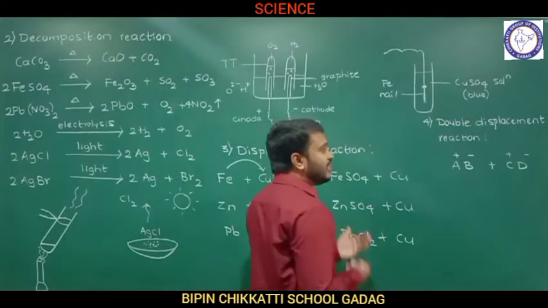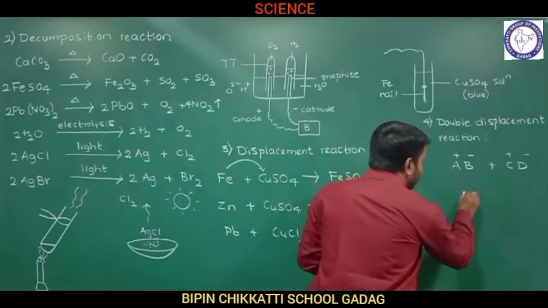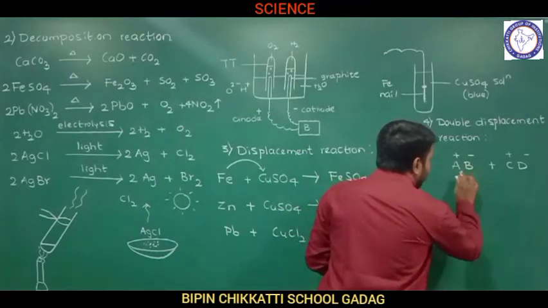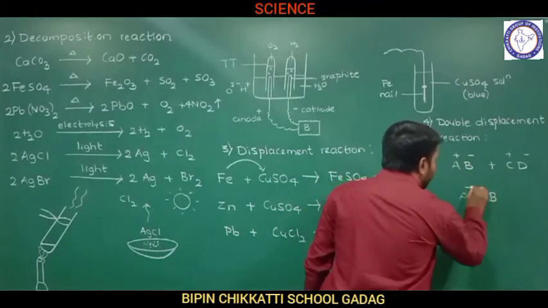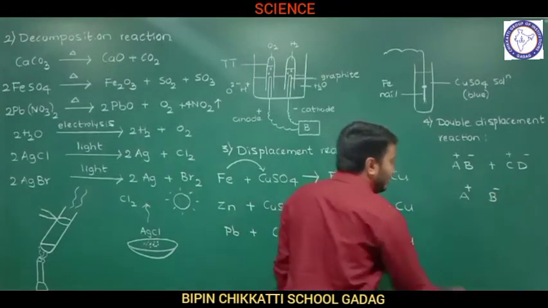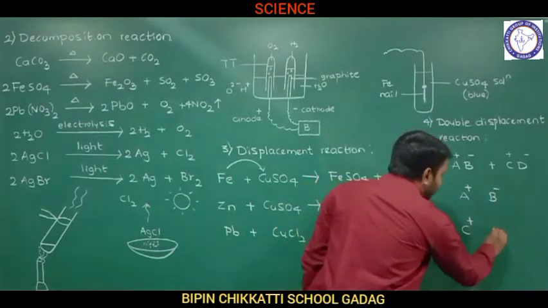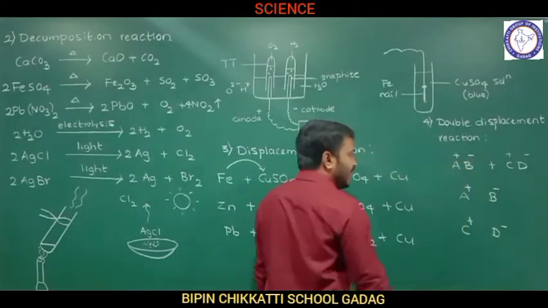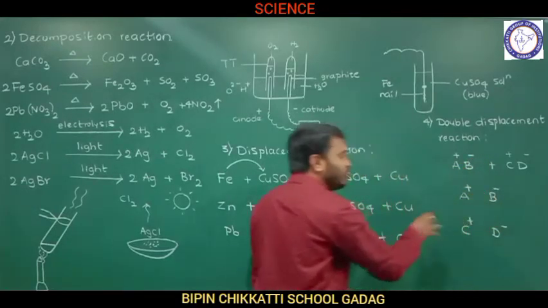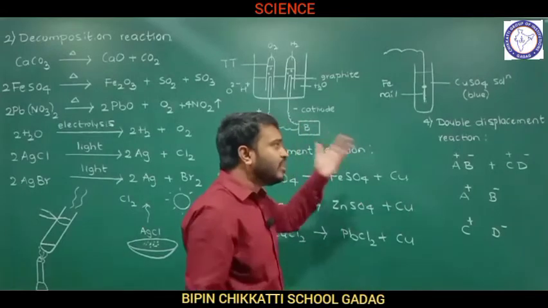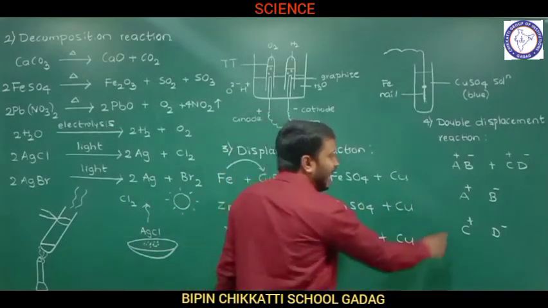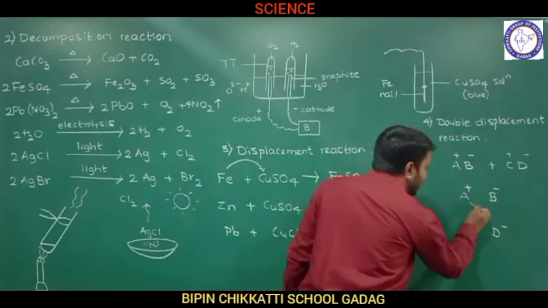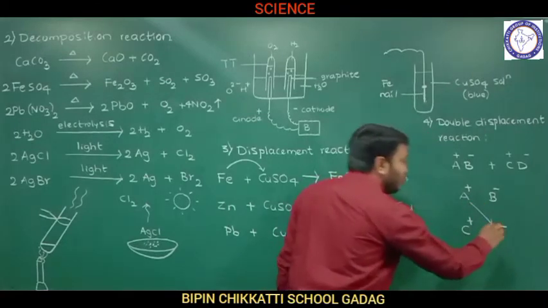So how do the reacting species exchange here? If you consider AB and CD, A plus and B minus we have, and here C plus and D minus we have: cation and anion of one species, and cation and anion of one more reactant. During a double displacement reaction, the cation of one reactant is going to link with the anion of the other reactant.